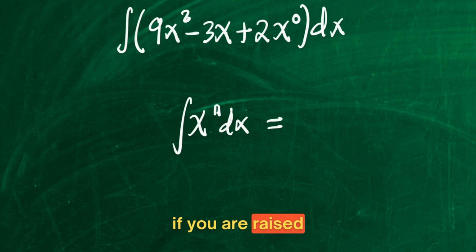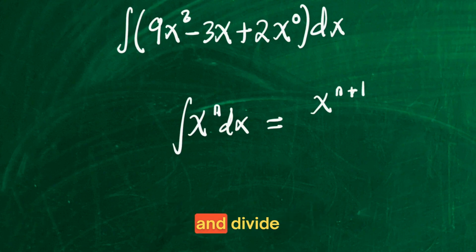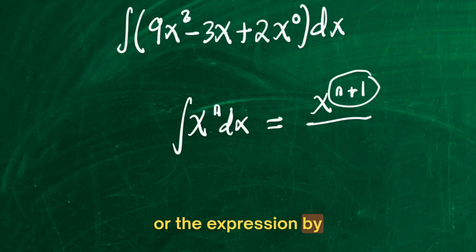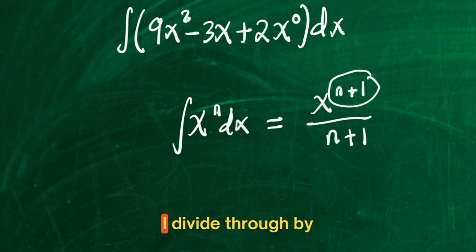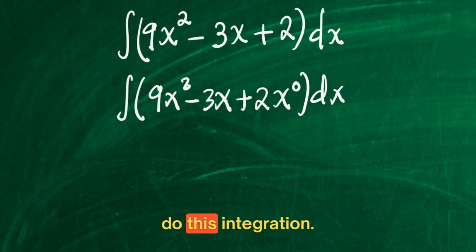So if you have x raised to the power n, you just increase your exponent by 1, and divide the whole expression by the new exponent, right? So the new exponent is n plus 1, I divide through by n plus 1. Then I add the constant of integration, right? Easy life, guys.